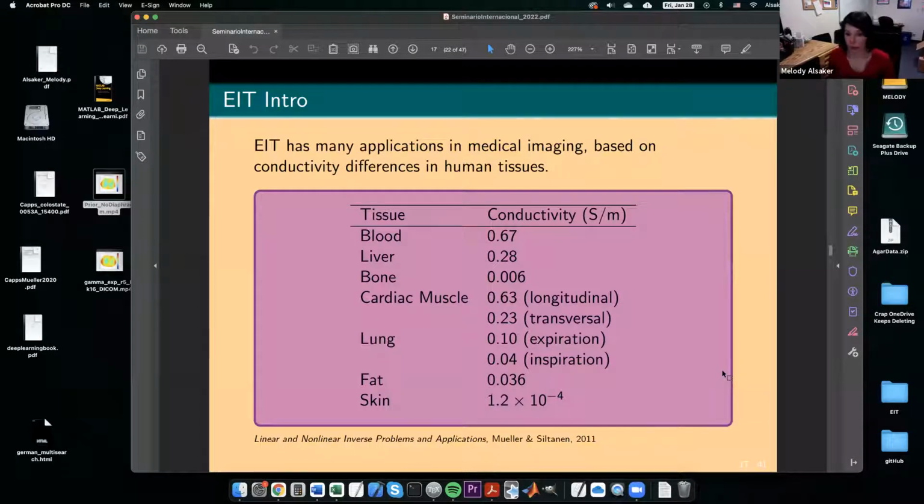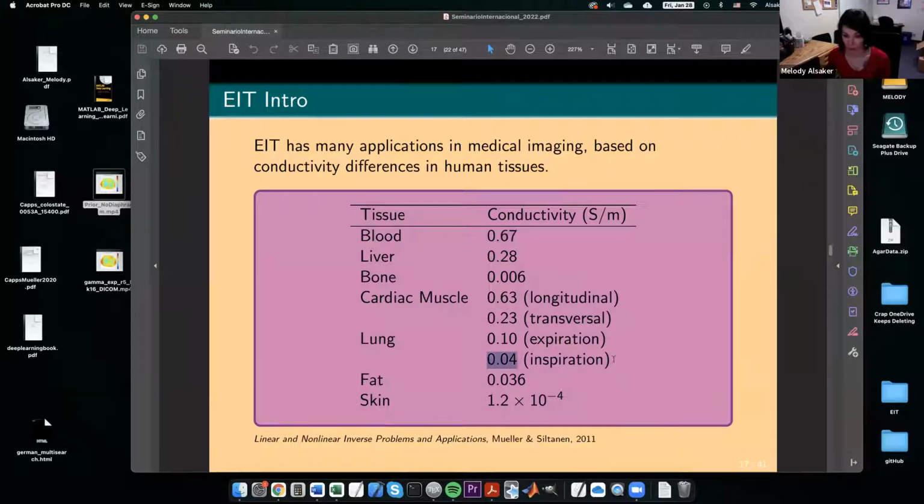Now, electrical impedance tomography works for medical imaging purposes because human tissues have a lot of conductivity differences. You can see that blood has a very high conductivity compared to some of these other tissues. Compare that to bone, which is very low. Your bones do not conduct electricity especially well. Or your lung tissue: your lungs are full of air.